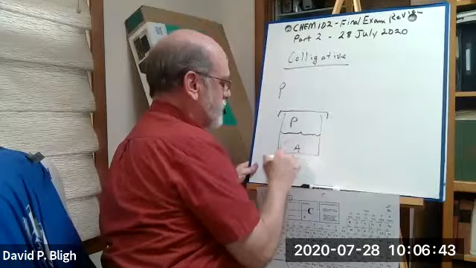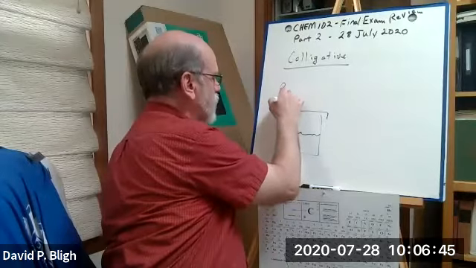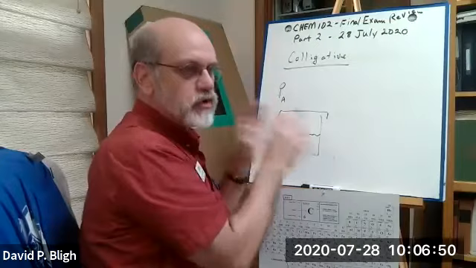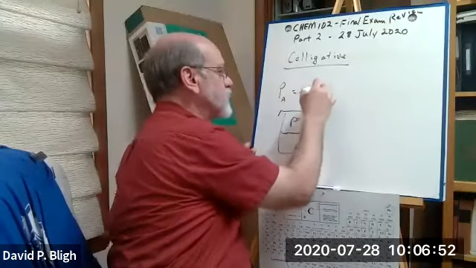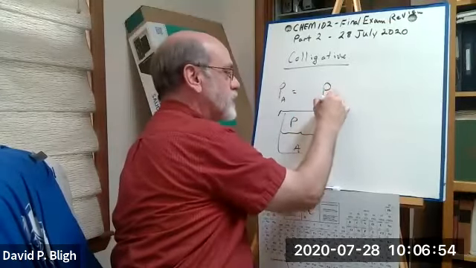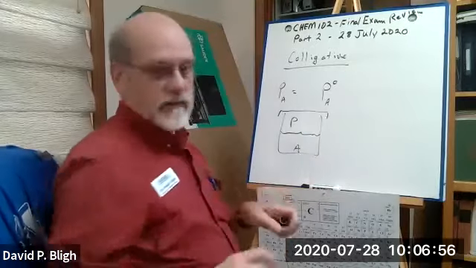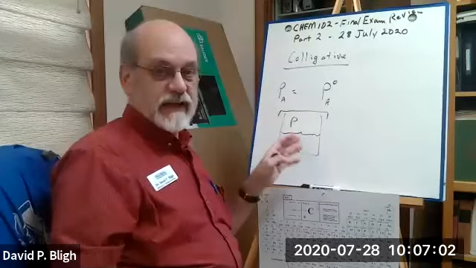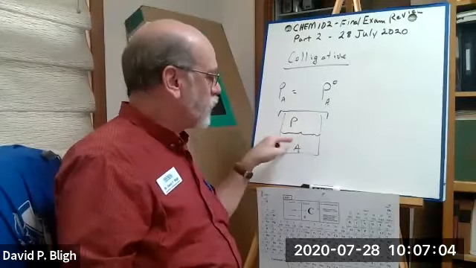Let's say this is liquid A. So the pressure of A under these new conditions is related to the pressure of the pure substance. And it's related in terms of the mole fraction of A.